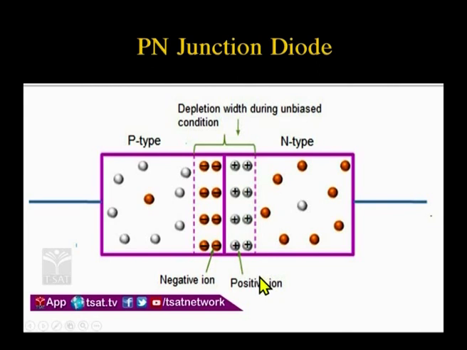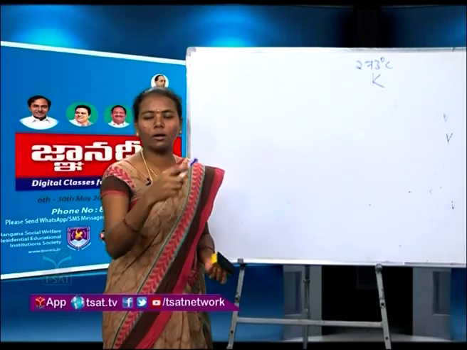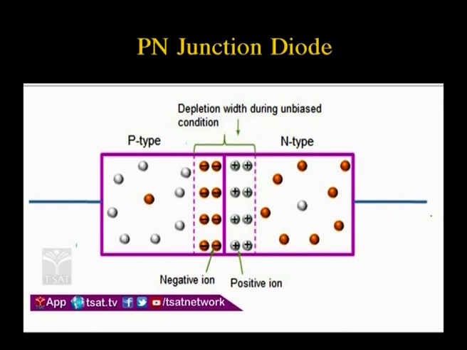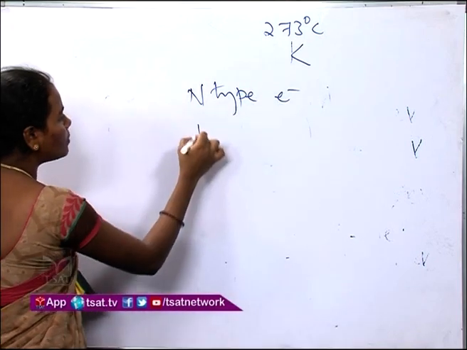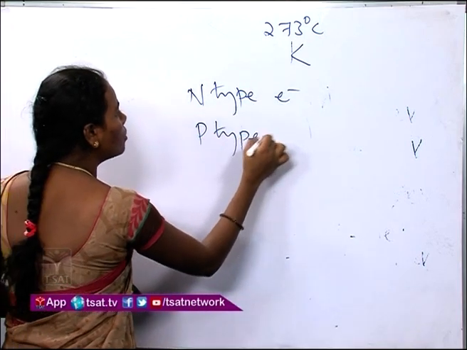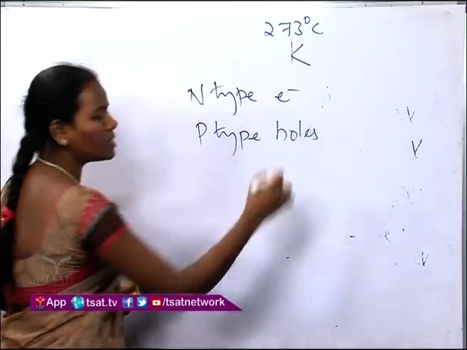So what do you mean by diffusion? Diffusion is the process of moving electrons to the place of lesser concentration. That means in N-type we have electrons, and in p-type we have holes as majority carriers.